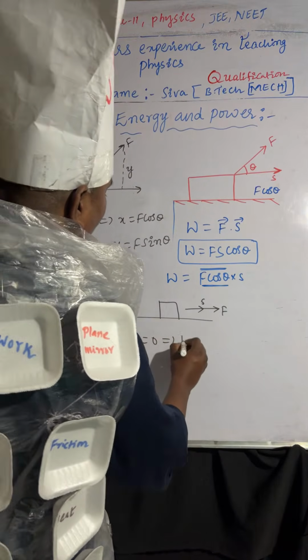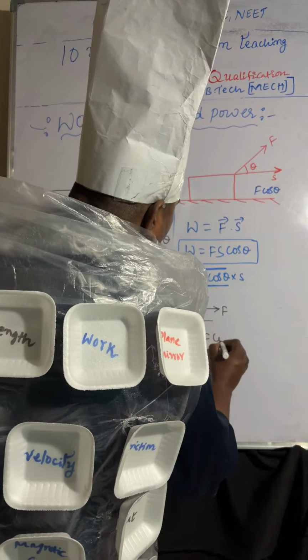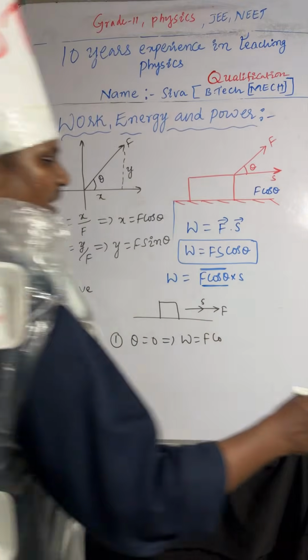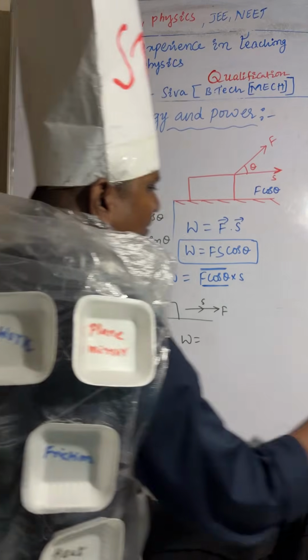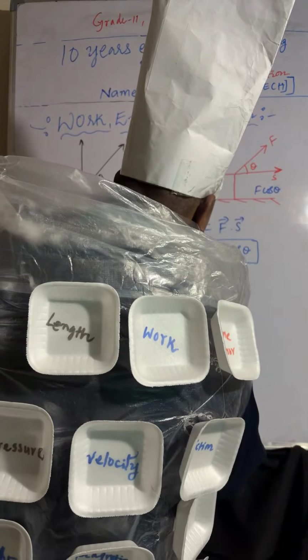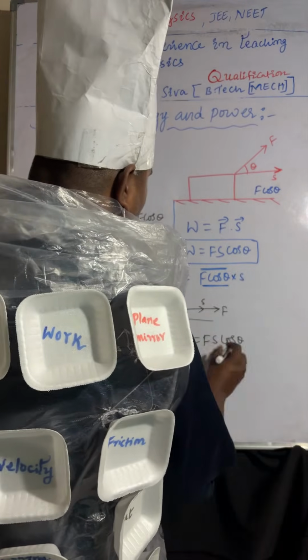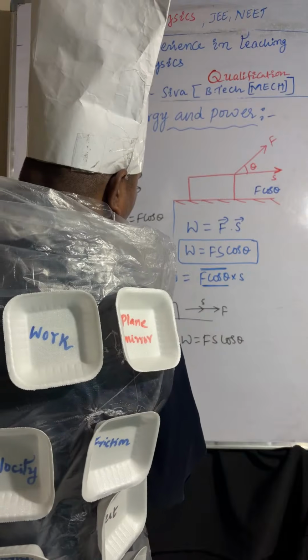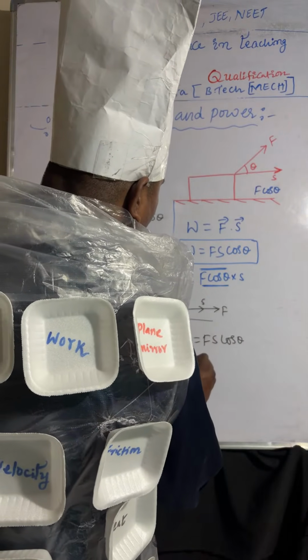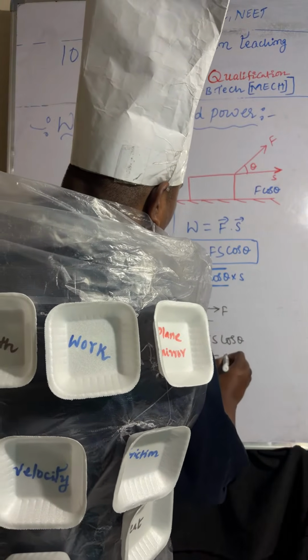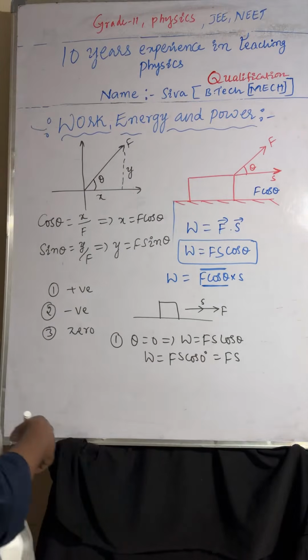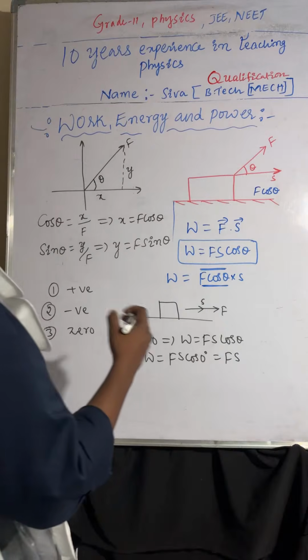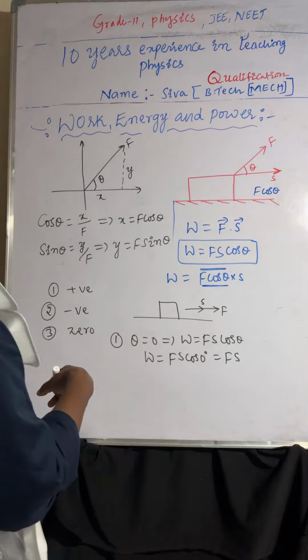Then W equals F S cos theta, which is F S cos 0, that is equal to F S. So work done is maximum when the force and displacement are acting in the same direction.